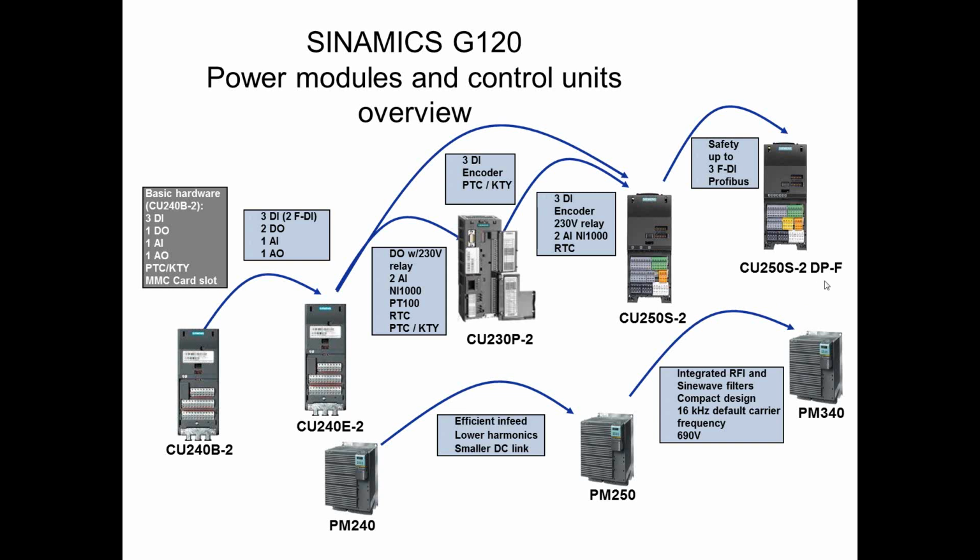There's also PN for Profinet available. And those are going to give us a lot more capability for not only standard vector control, torque control, VF control, but also for encoder feedback for positioning.